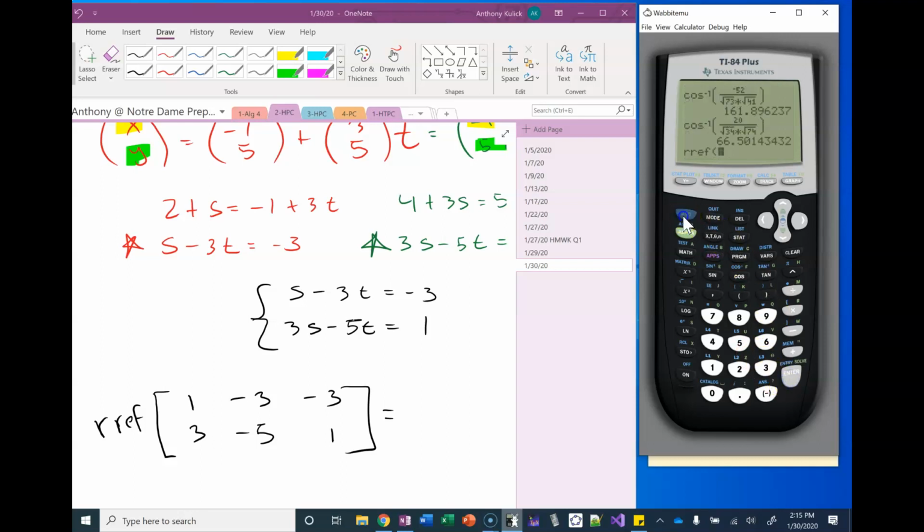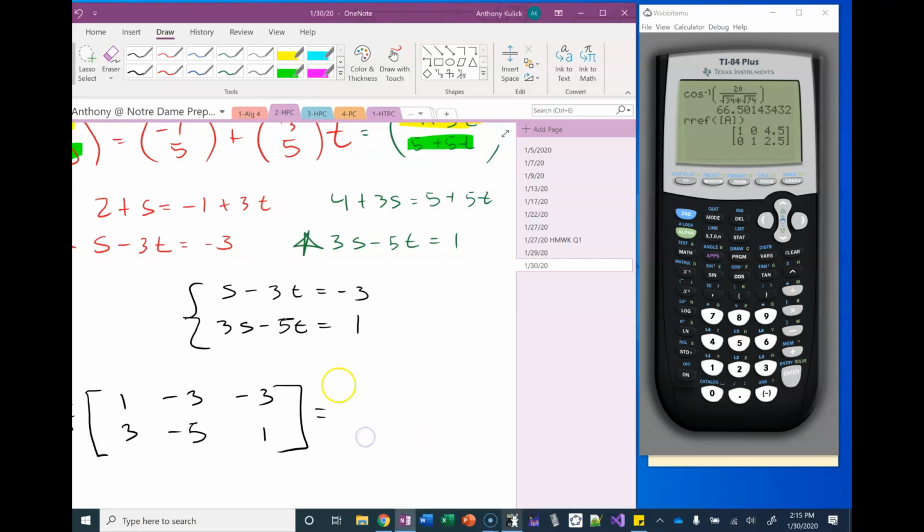And I'm going to do RREF on that matrix that I just made. Is everybody okay with this?